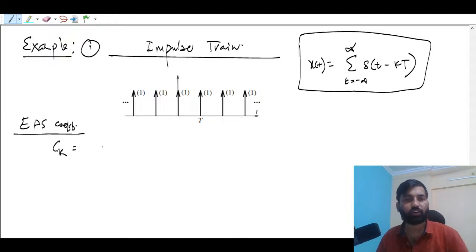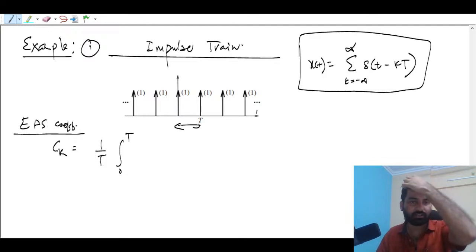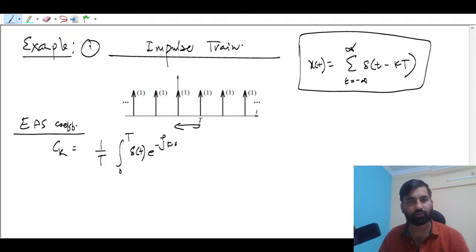So what is the formula for that? The Ck formula is 1 by t, integral from 0 to t, over one period, of delta(t) e raised to power minus jk omega naught t dt. From the shifting property, you just put 0 here, so it will be nothing but 1 by t for all k.